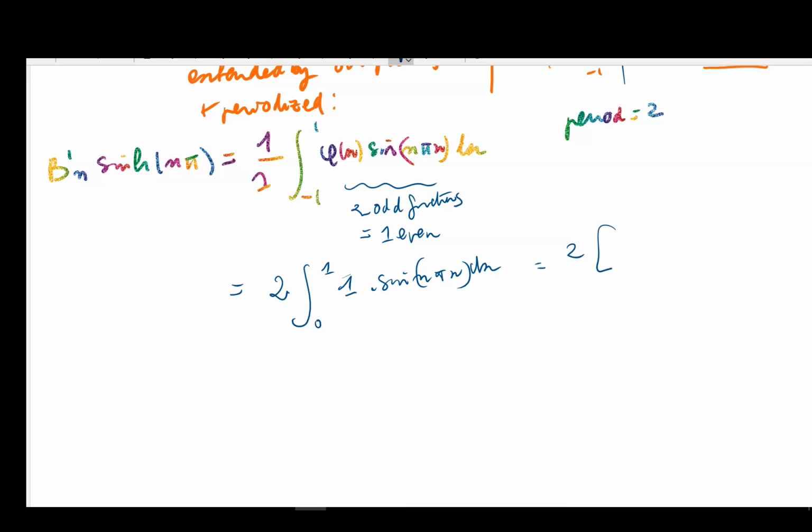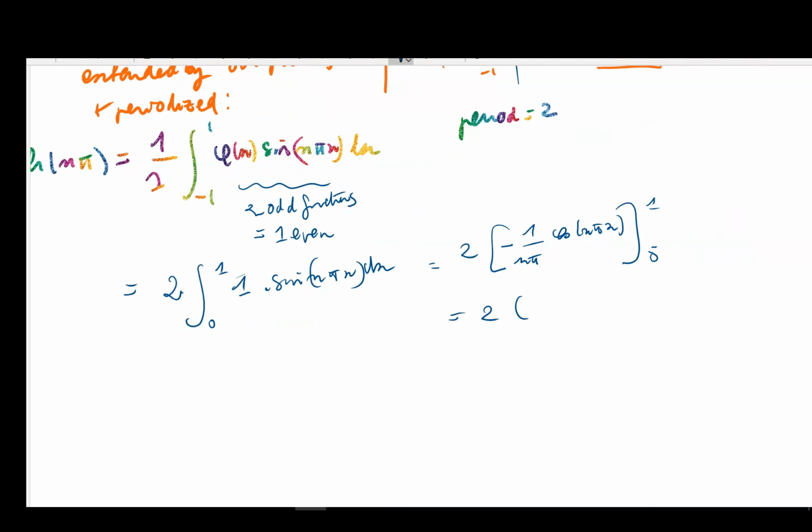This is going to be 2 times minus 1 over n pi cosine n pi x between 0 and 1, so that's 2 times (-1 to the n, minus 1), divided by n pi, with a minus sign from the minus that I've got here.